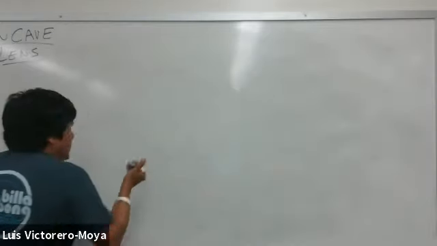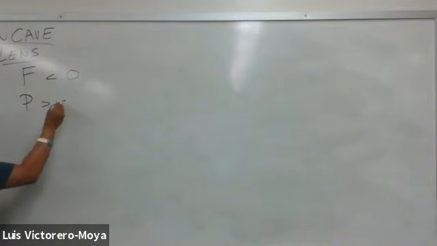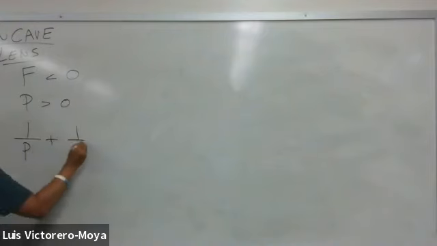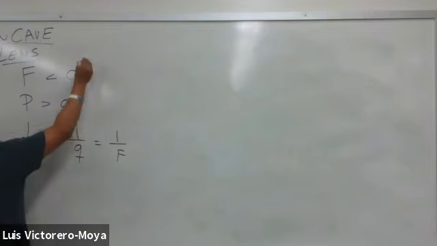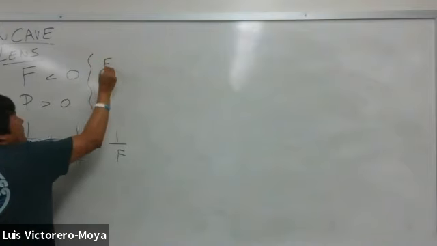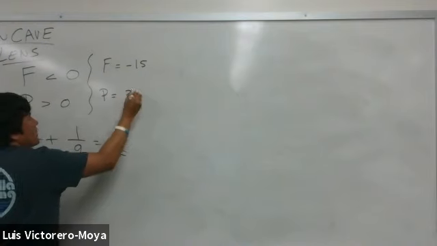And it's easy to prove that. For any concave lens, the focal length is less than 0. P is always greater than 0. Let's just use algebra, okay? 1 over P plus 1 over Q is equal to 1 over F. Take some values. For a lens, F could be minus 15 centimeters, and P can be whatever, say 20 centimeters.